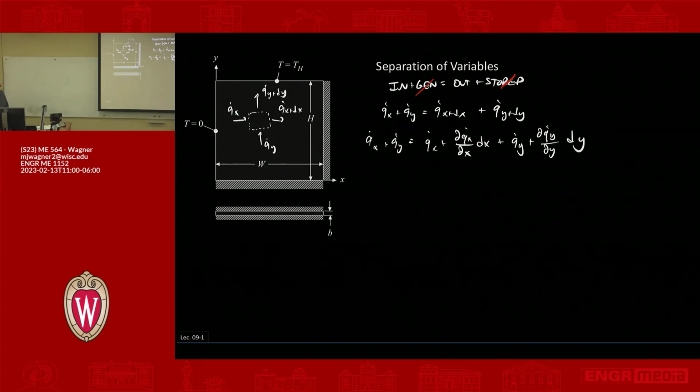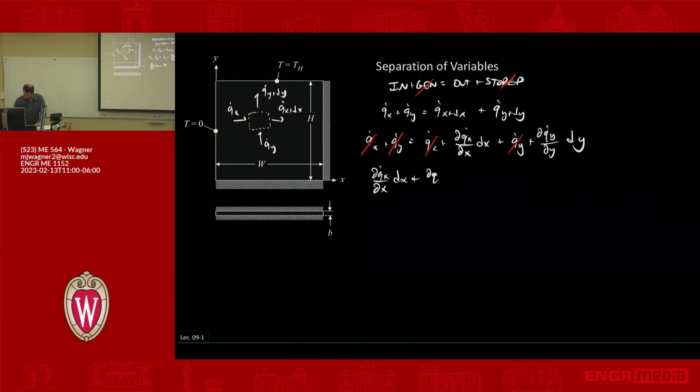Hopefully I got all that. All right, cancel stuff out. Q dot x goes away, q dot y goes away, and we're left with partial q x over partial x times dx, plus partial q dot y over partial y times dy, equals 0.